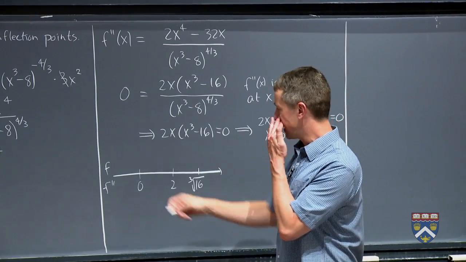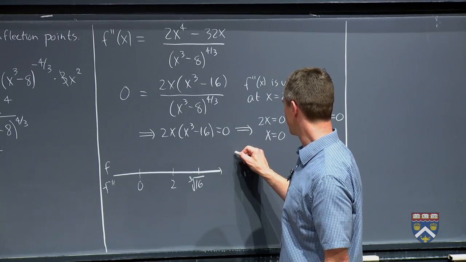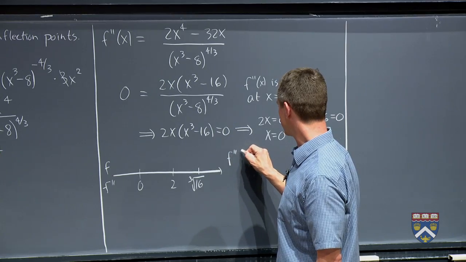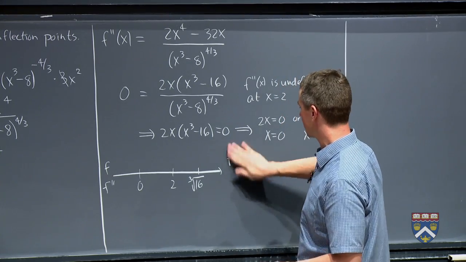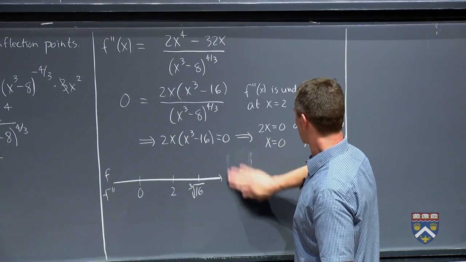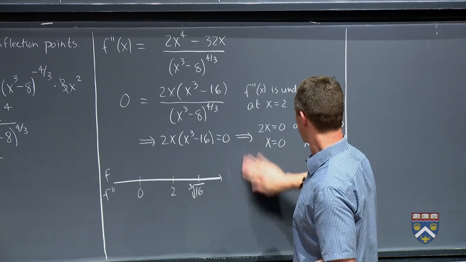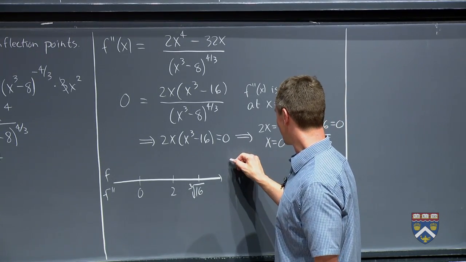So let's pick a number to the left of 0, say -1. So f double prime of -1. Oops, I mean to say the sign of f double prime of -1, right? The sign of f double prime of -1.